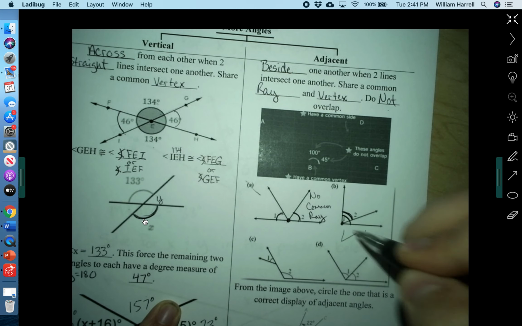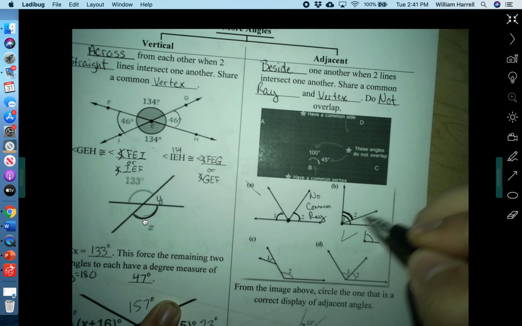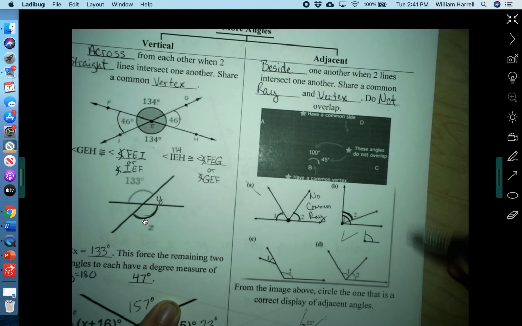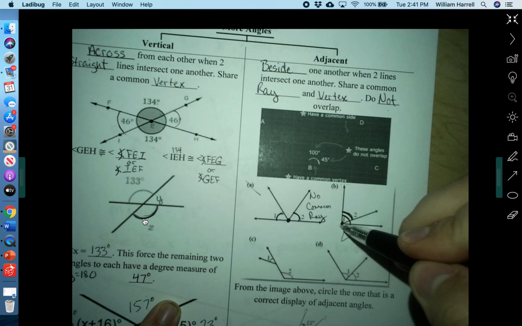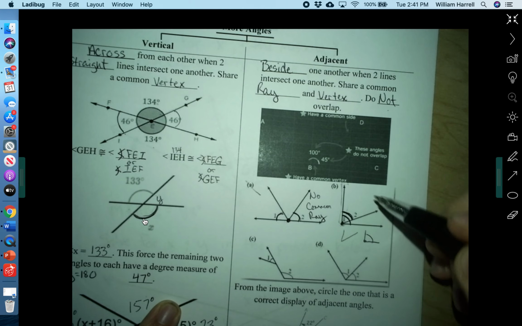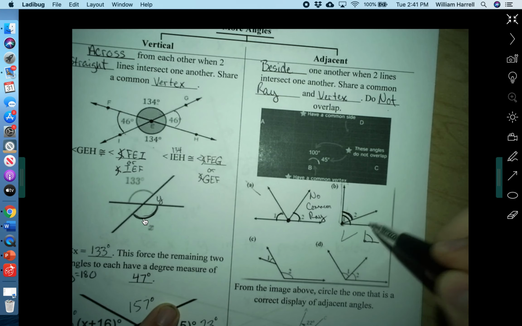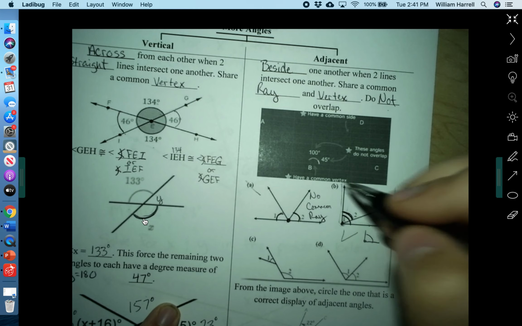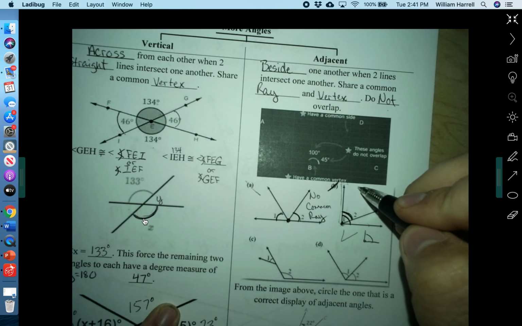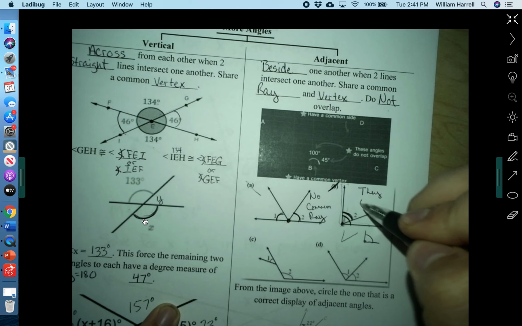It has this vertex. Angle 2 is the smaller one. It has this vertex. They share this ray right here. However, angle 1 overlaps angle 2. So B is wrong because they overlap.